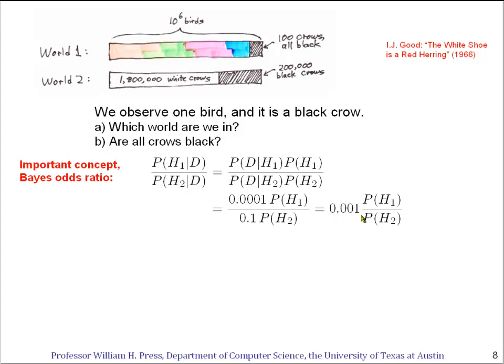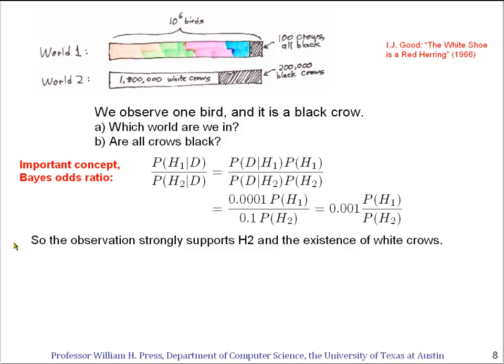you see that this is a small number, 0.001, and therefore whatever our odds ratio was before, it's now 1,000 times less. That means that we should believe in world 1 with 1/1000th of the probability that we did previously.